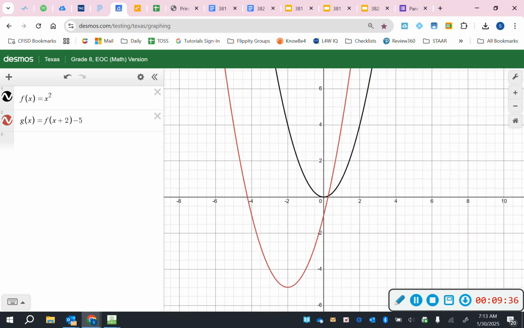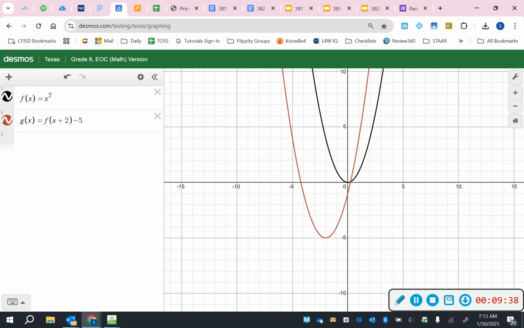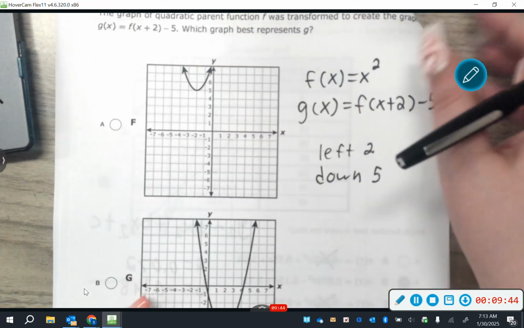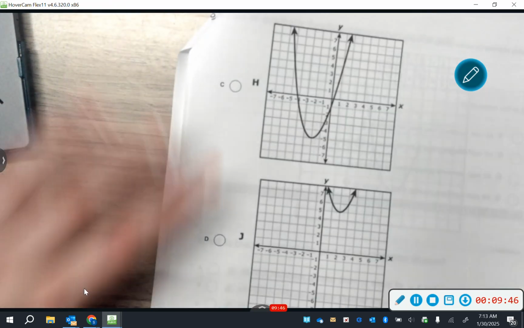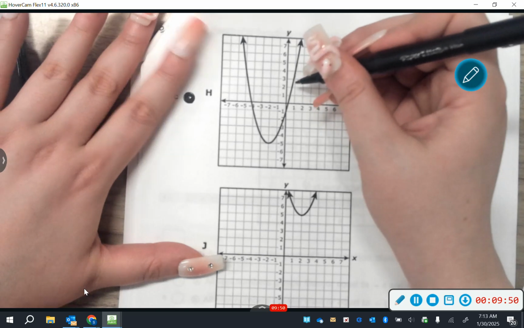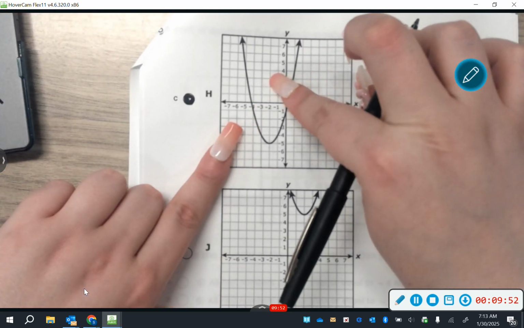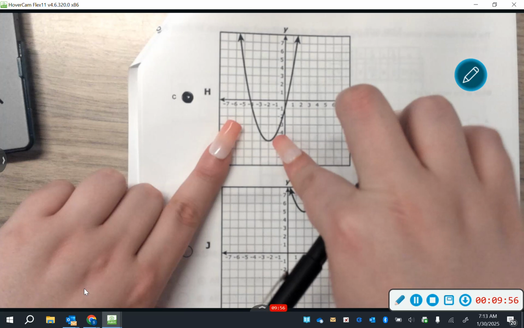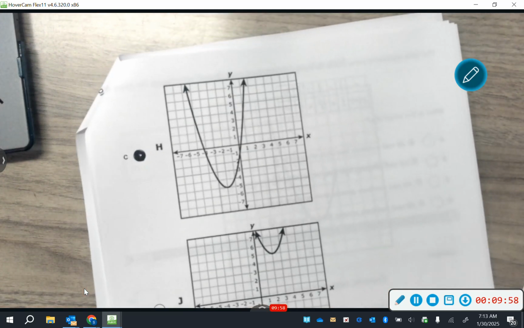And we're focusing on the red one because the black one's the original. I'm looking for the one that matches my red one. So that should be C. This is the only one that moved left 2 and then down 5. So you got options.